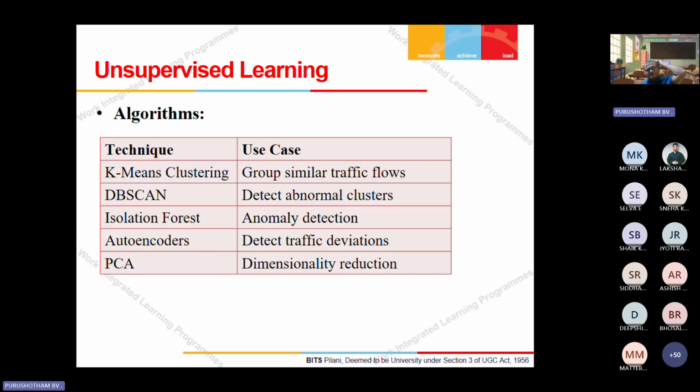Algorithms include K-means clustering, DBSCAN, isolation forest, autoencoders, and PCA. To group similar traffic flows, use K-means. To detect abnormal clusters, DBSCAN can be used. Anomaly detection means isolation forest. Autoencoders are used for detecting traffic violations. PCA is for dimensionality reduction.